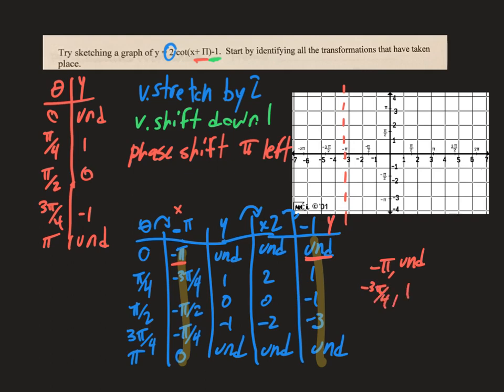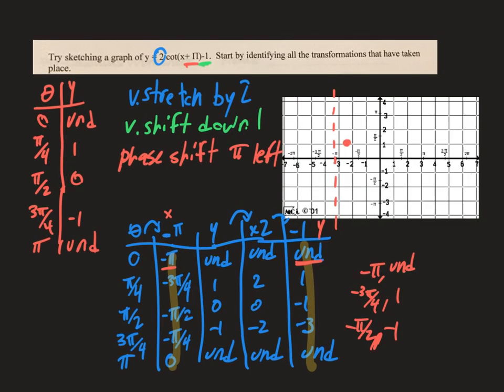All right, so if I come over here, here is pi over 4, pi over 2, and 3 pi over 4. And what we'll do is we'll just kind of estimate where that one is. So we've got right about here at 1. All right, and the next point, negative pi over 2. We've got that at -1.